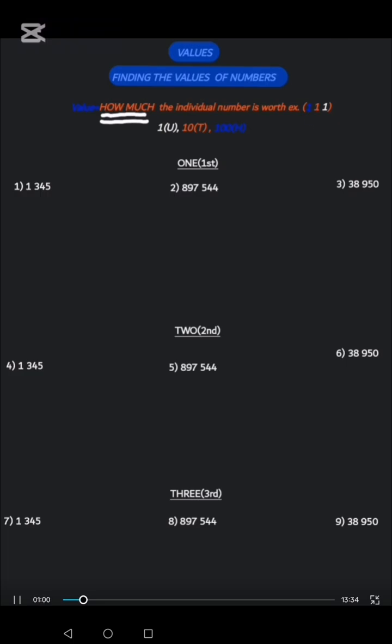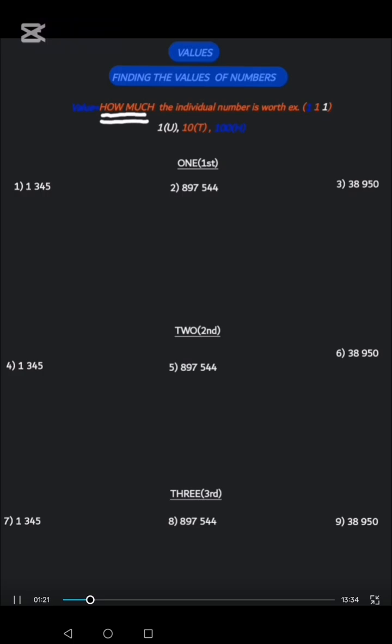This one is equal to 10 because it is in the tens position. And if it is in the tens position, that means this digit is in the second last position of a number.